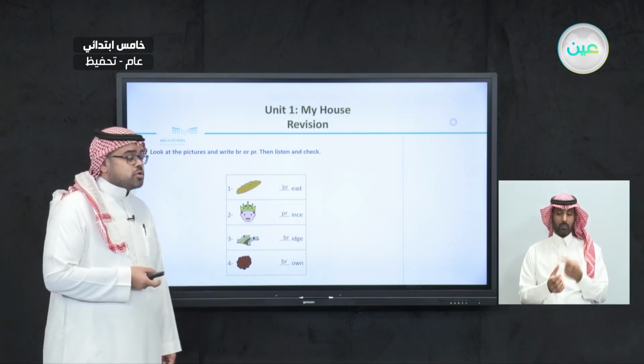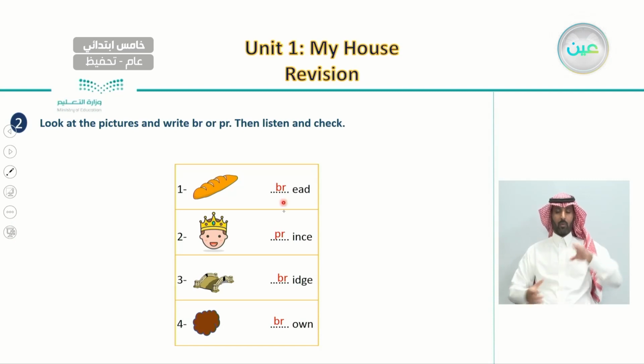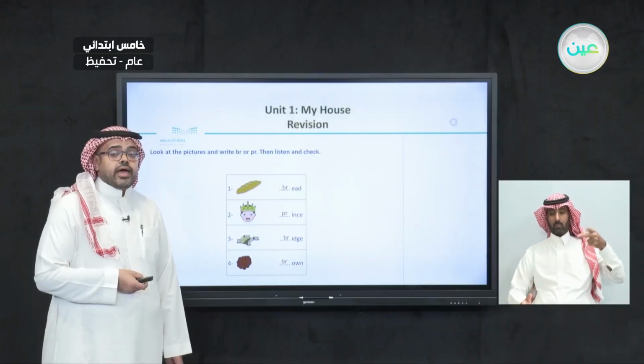The first word we had is bread, bread, where bread starts with B and R. The second word is prince, prince, that starts with P and R. The third word is bridge, bridge, that also starts with B and R. And number 4, the fourth word, is brown, brown, that starts with B and R.